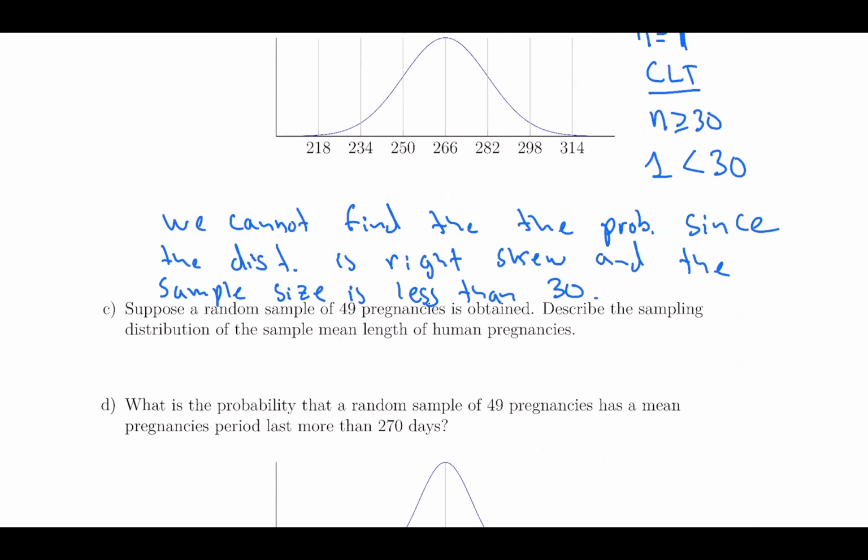So it says, suppose a random sample of 49 pregnancies is obtained. Describe the sampling distribution of the sample mean length of human pregnancy. So if I have 49 pregnancies, what's my sample size? 49. What's my mu in this problem?